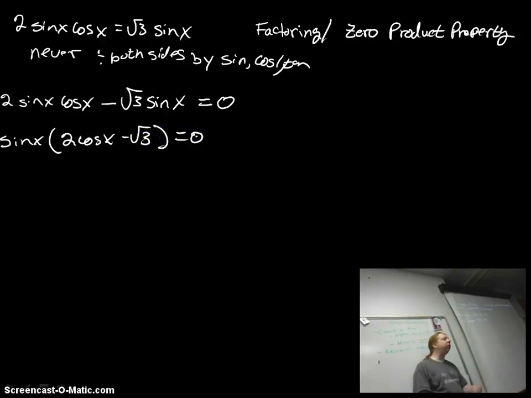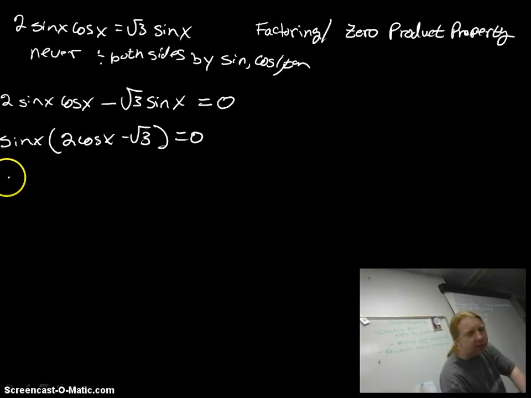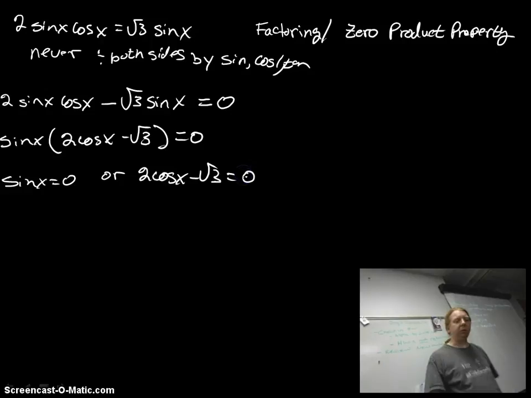And if you remember back from algebra 1, if a product equals 0, one of the two factors has to equal 0. So that gives me sine x equals 0 or 2 cosine x minus root 3 equals 0. And those are both equations that I should be comfortable with solving at this point.